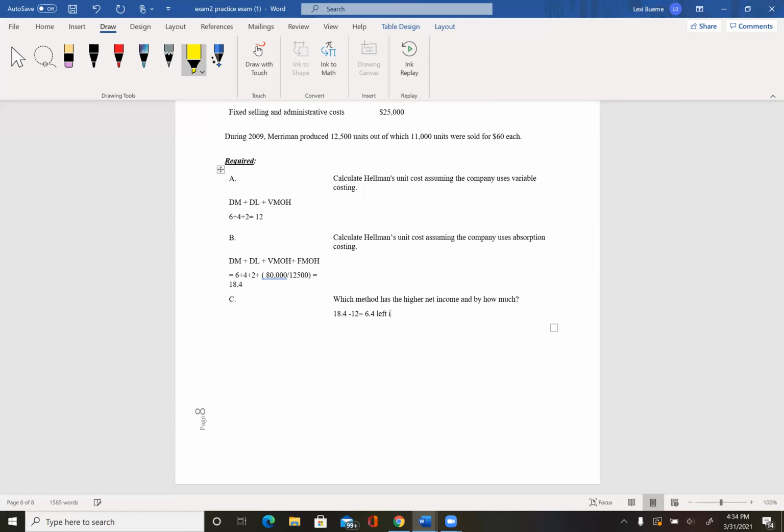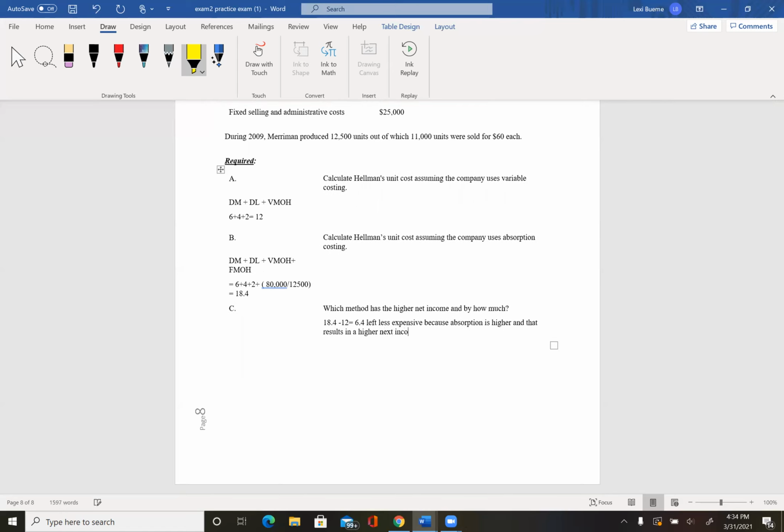And since the absorption costing is higher, that means it's going to be less expensive. So less expensive because absorption is higher, and that results in a higher net income. So absorption costing is going to be the way to go.